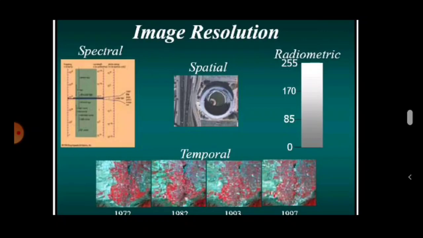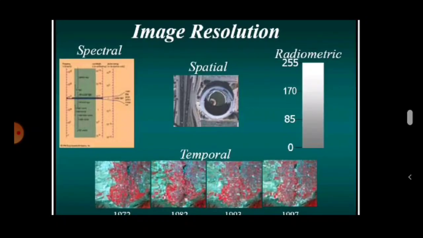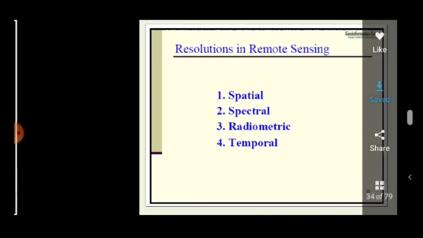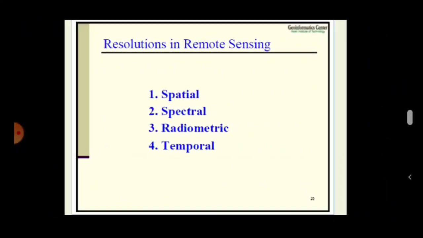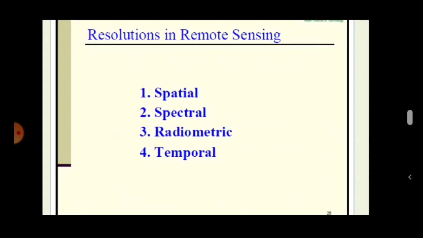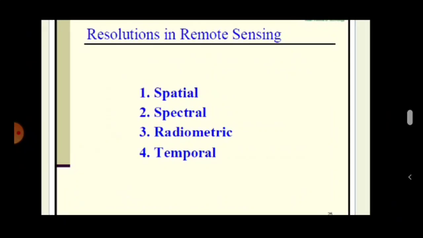There are four terms according to each type of resolution: distance, wavelength band of electromagnetic radiation, time, and radiation quantity. So there are four types of resolution we're going to discuss: spatial, spectral, radiometric, and temporal.